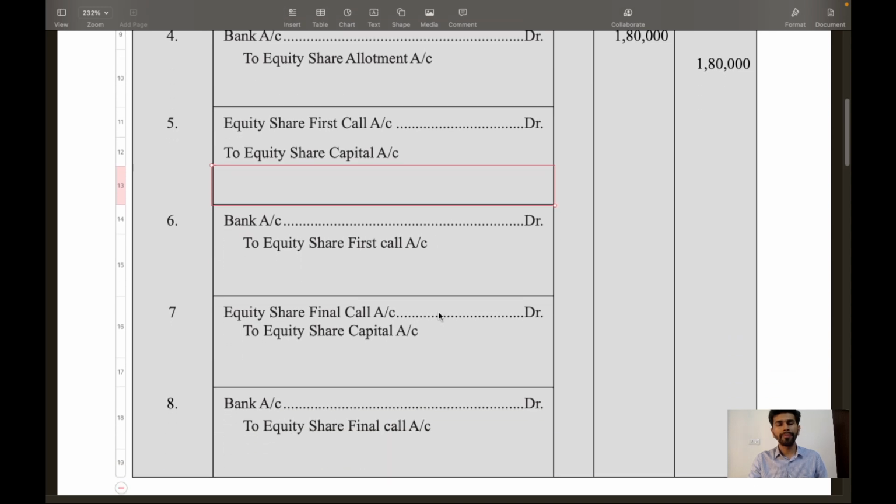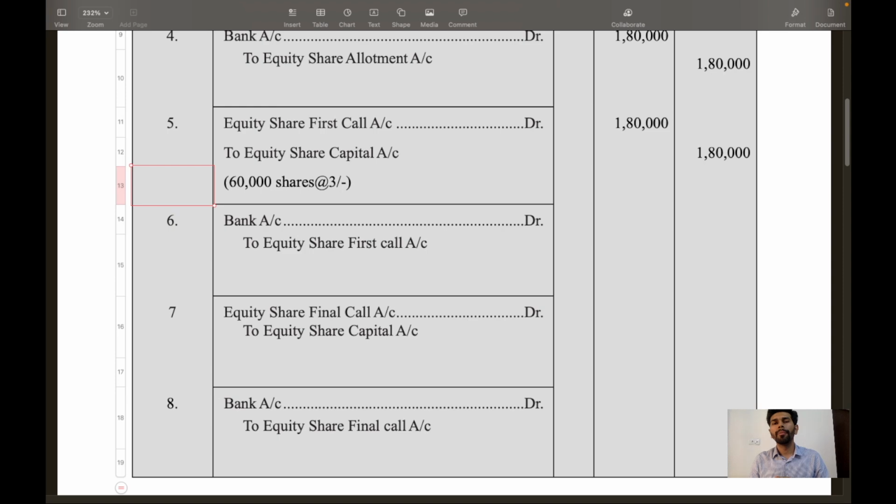Next journal entry, call money on first call is due at the rate of 3 rupees per share. So amount will be 60,000 equity shares into 3 rupees per share, 1,80,000 rupees. Equity share first call account debit to equity share capital account. 1,80,000 rupees debit side, 1,80,000 rupees credit side.